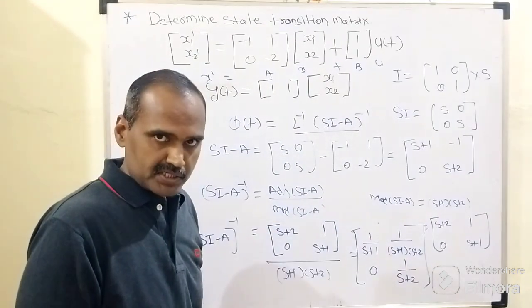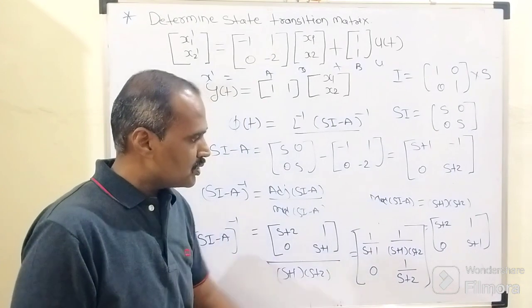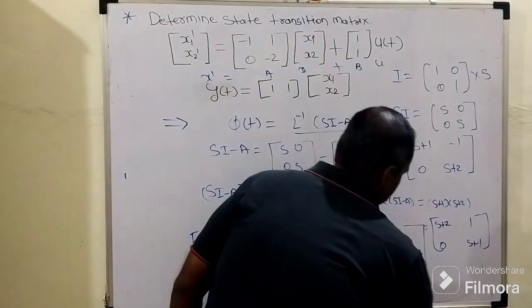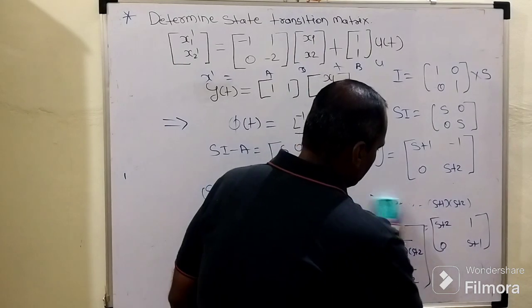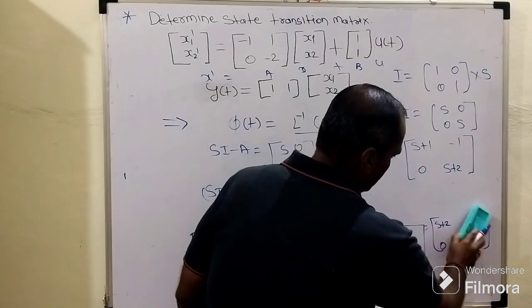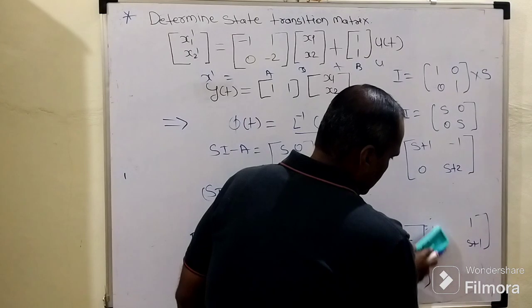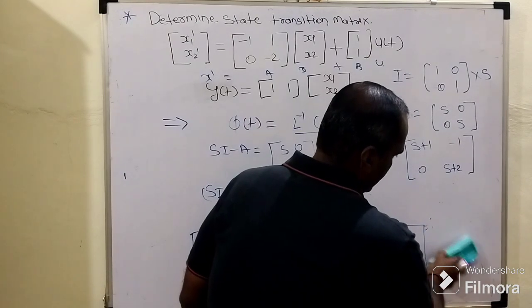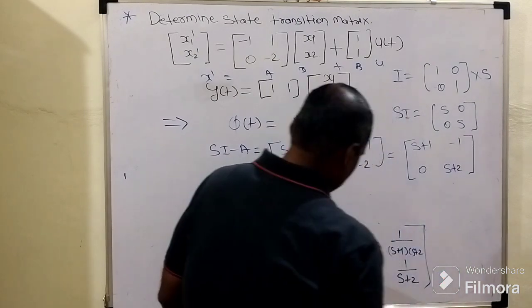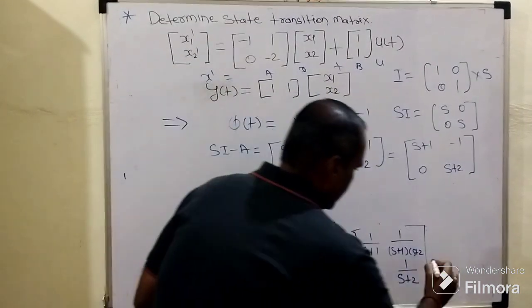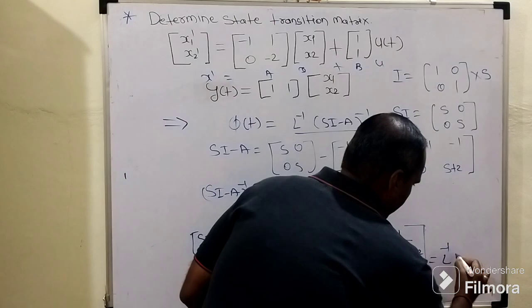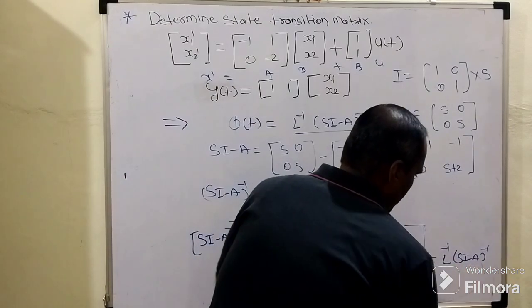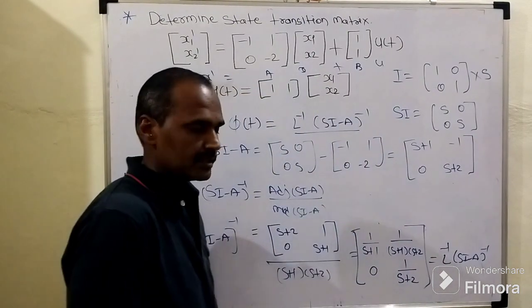These four coefficients consist of 2 rows and 2 columns. Now we apply the inverse Laplace to this (sI minus A) whole inverse.